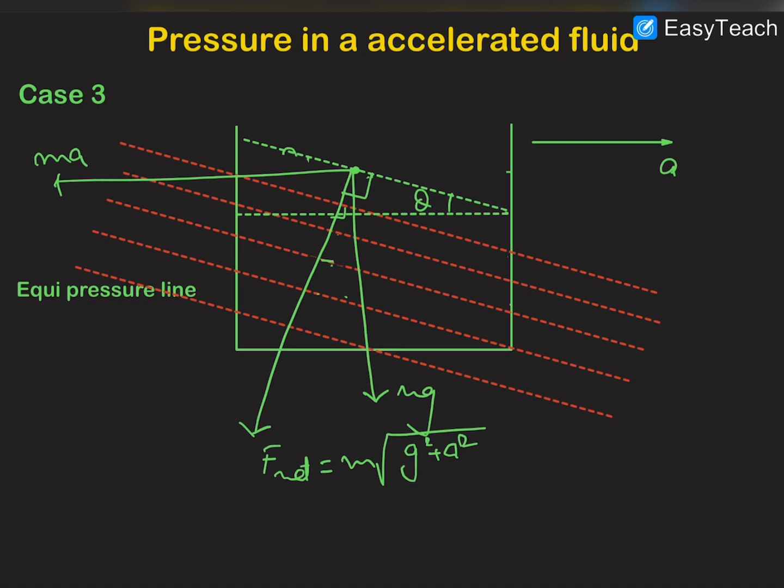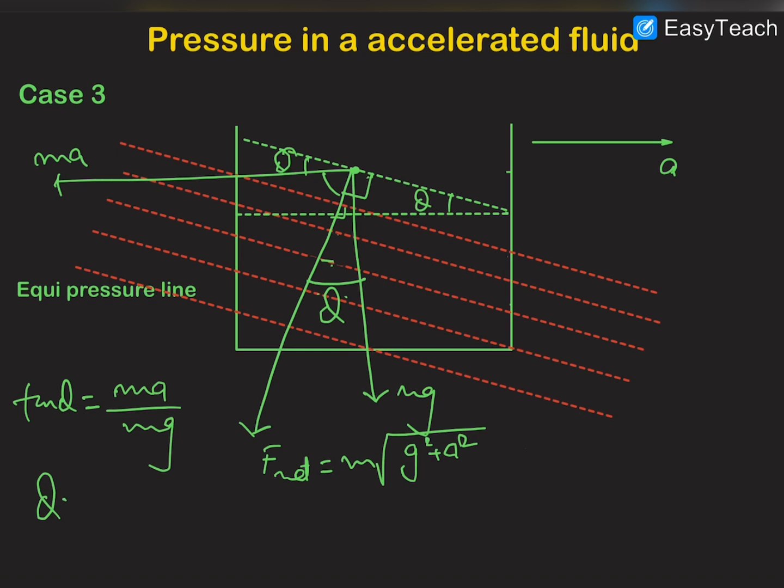And now if we discuss the value of the angle, then we can say that if this is theta, this is 90 minus theta, then this is also theta. So tan theta in this case will be equal to this upon this. You can see that this is ma. So ma by mg.